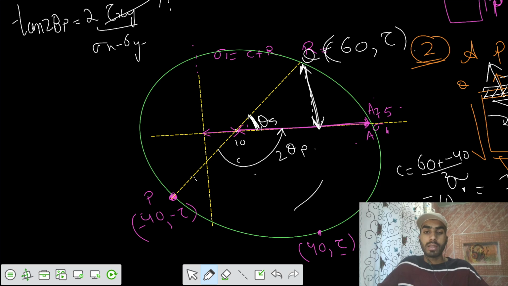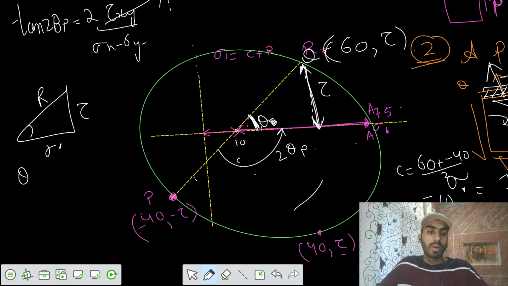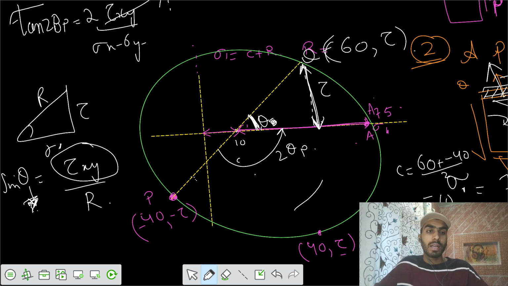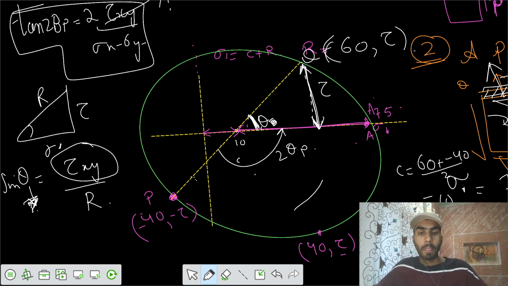If you get this value, let's say this is some theta, this is tau, this is radius r, this is some sigma dash. We can write sin theta equals tau xy by radius, which we know. You can get the value of tau xy. Firstly, you have to get the value of theta p, so for that you need to get the value of tan 2 theta p.